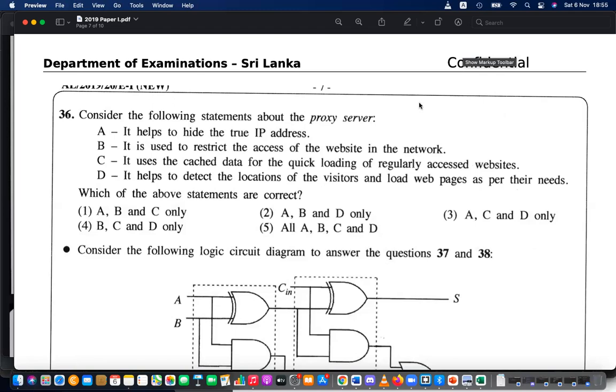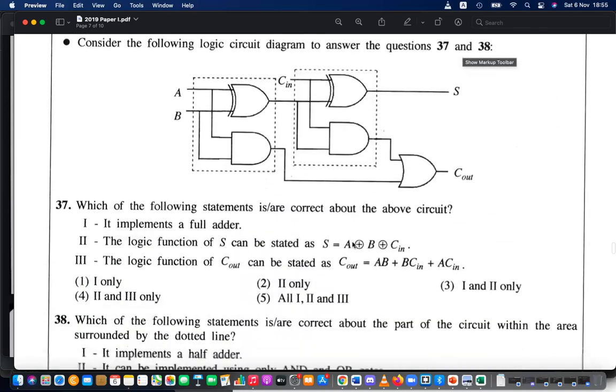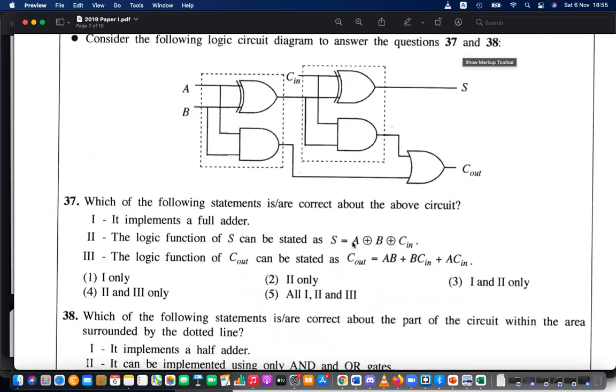All are correct. Consider the following logic diagrams to answer questions 37 and 38. So this representation is a full adder. The logic function S is A XOR B XOR C, correct?